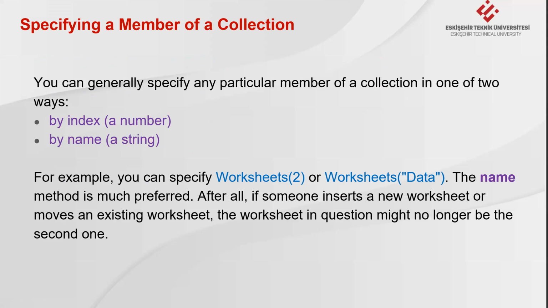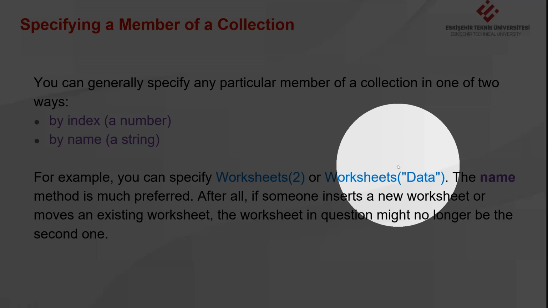So you can specify a member from a collection. For example, you have 5 worksheets, and maybe you're trying to do something in your worksheets, but you're going to need to specify where you're going to do your job. You can indicate them by index, that means by a number, or you can do this by a name, that means with a string. For example, you can either use Worksheets(2) in the parentheses, or you can use Worksheets("Data") with double quotes in here.